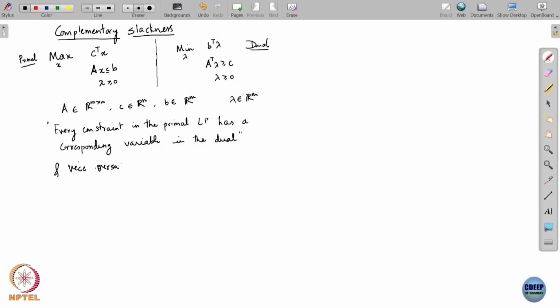What I will do today, through this condition of complementary slackness, is make this more precise and tell you which variable actually corresponds to which constraint.